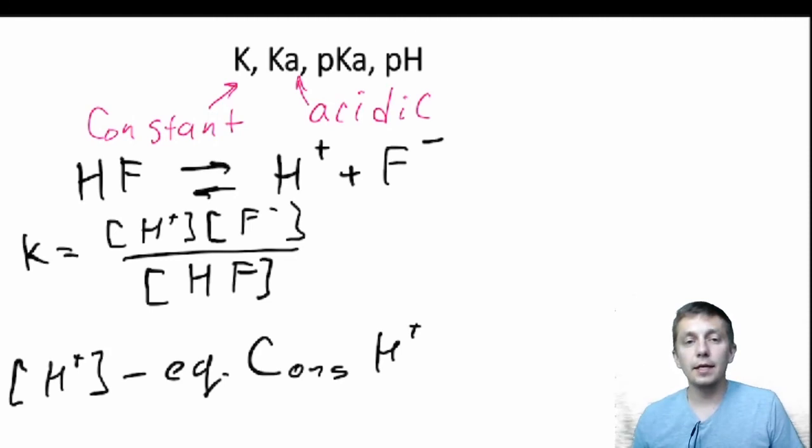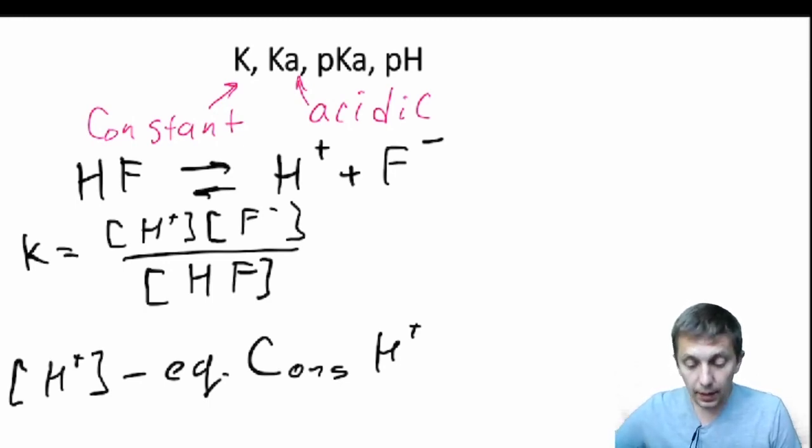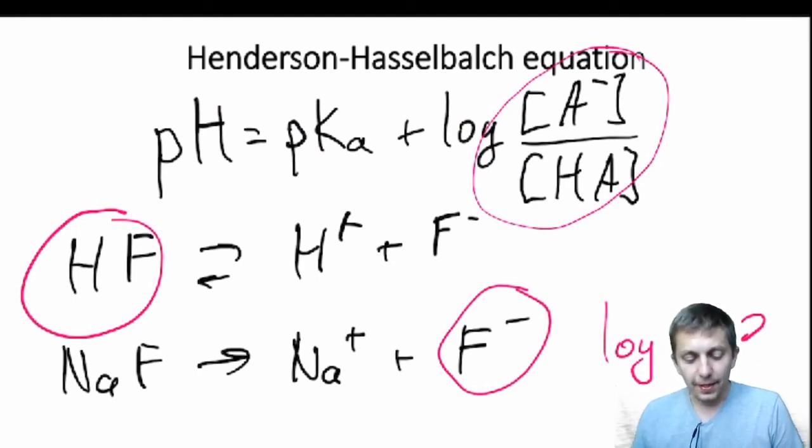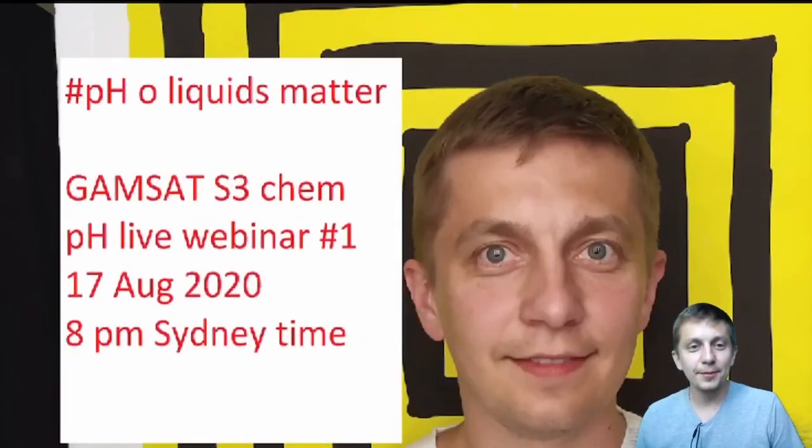Ka means the constant of acidic dissociation, if you're dealing with an acid. pKa is minus log 10 of Ka. pH is minus log 10 of H. And sometimes you need to know the Henderson-Hasselbalch equation. The equation itself is quite simple, but the name is very hard. So it's all you need to know for questions like this.